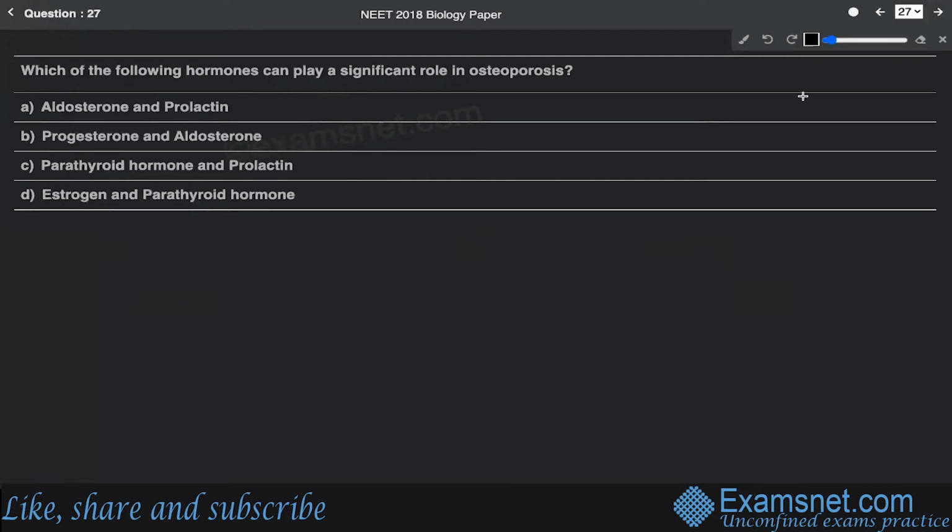Now, question number 27. Question number 27 says that which of the following hormones can play a significant role in the osteoporosis? All right. So the options that has been given are aldosterone and prolactin, progesterone and aldosterone, parathyroid hormone and prolactin, and estrogen and the parathyroid hormone. All right.